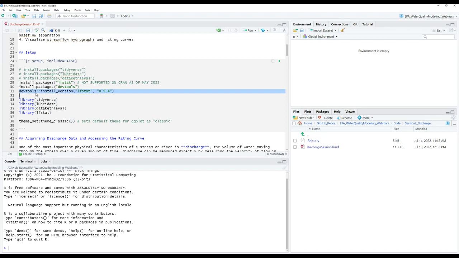If you run this line of code, devtools installs this version of lfstat, and one thing that it might ask you is which style of the packages you'd like to run. I just clicked 1 and then clicked enter. So if it asks you, click 1 and then click enter.